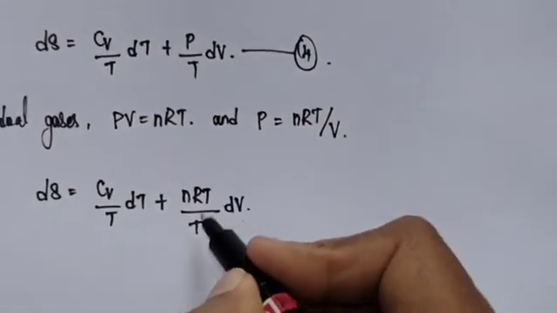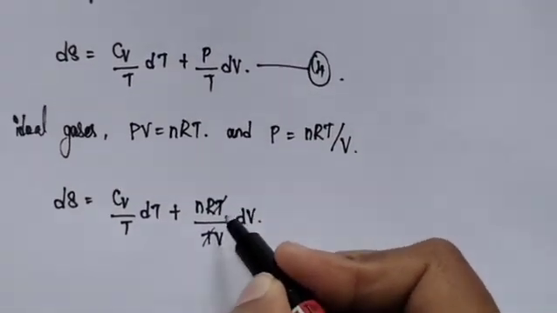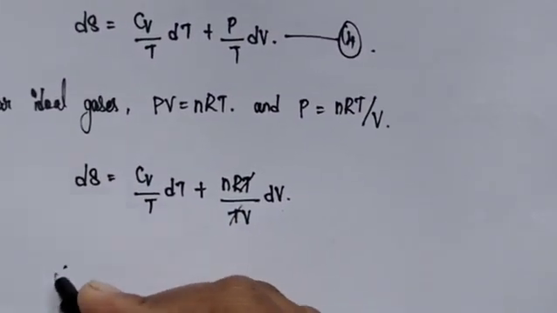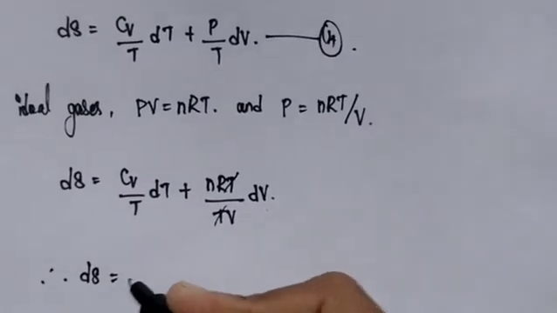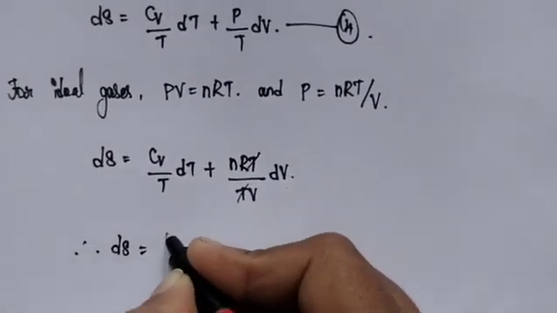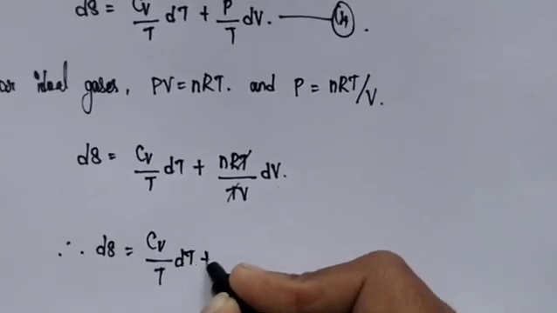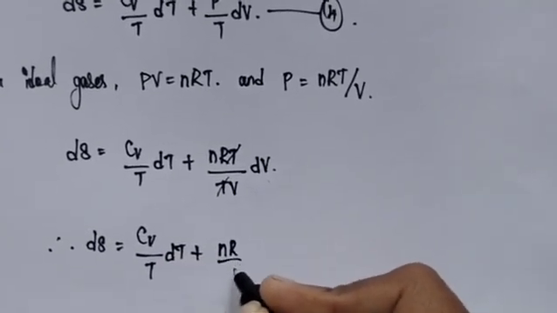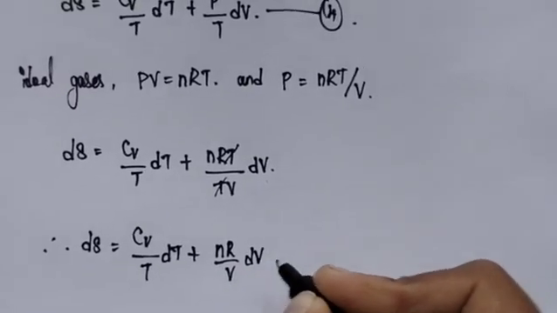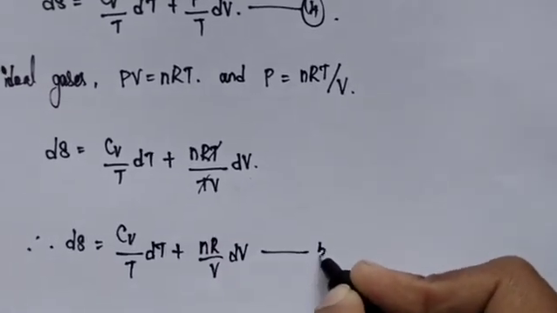This T and T get cancelled. So dS is equal to Cv by T into dT plus nR by V into dV. Take this as equation number 5.